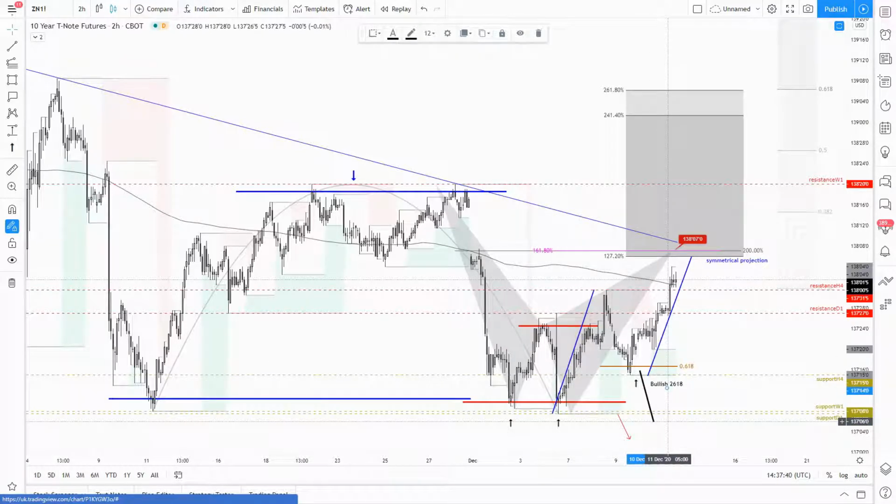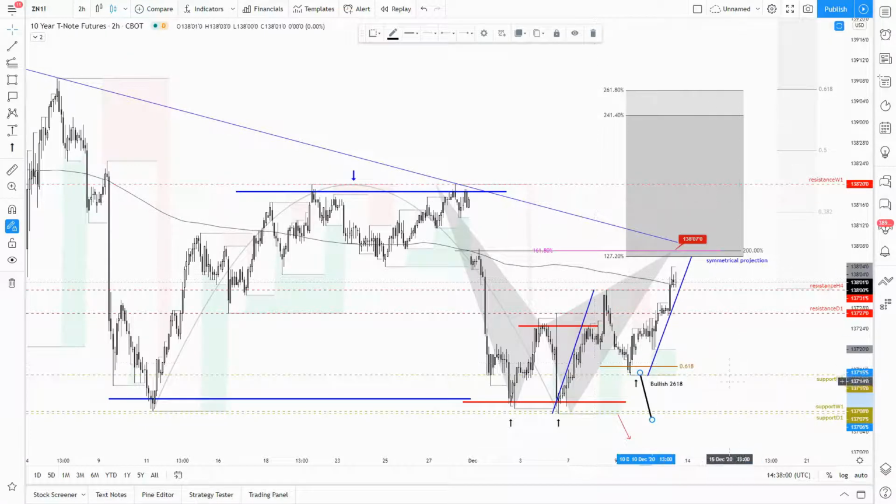The price is already trading below that structure, so it makes no sense to consider that price structure as a potential price reversal behavior. So we need to jump out immediately as soon as the price trades just a few points below that fractal. We need to jump out from this trade.